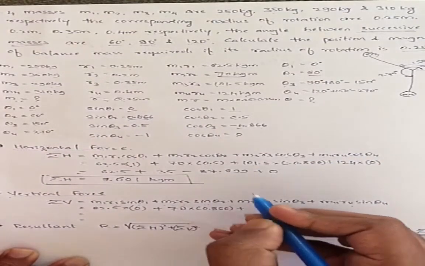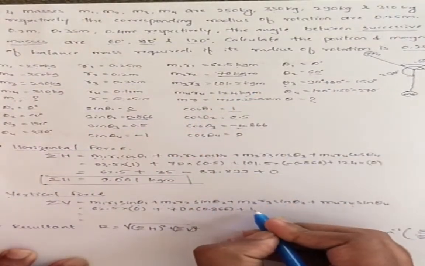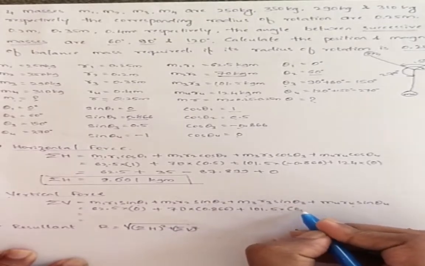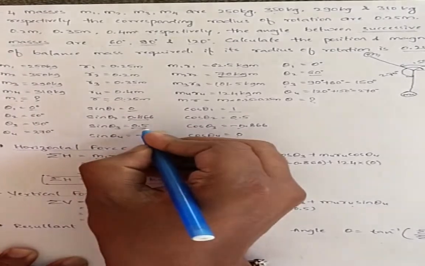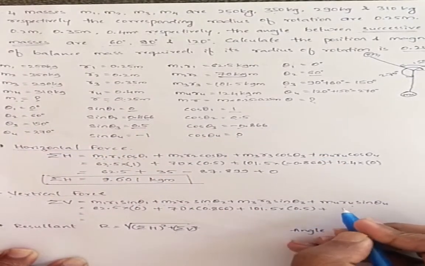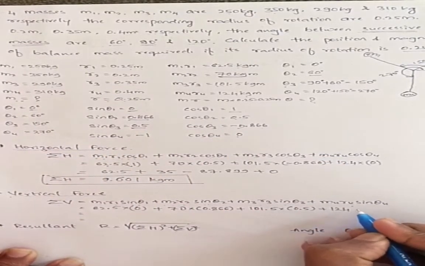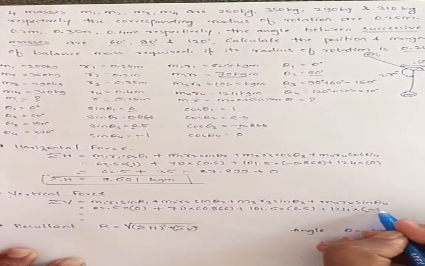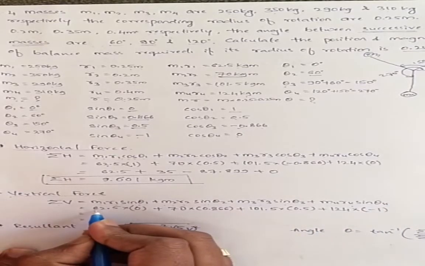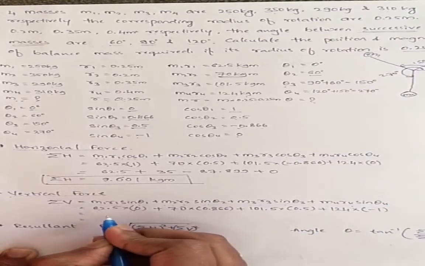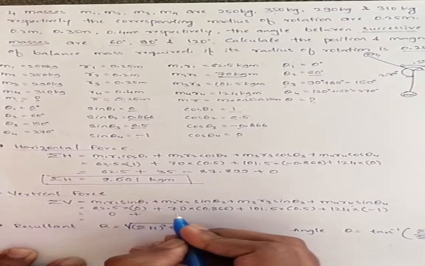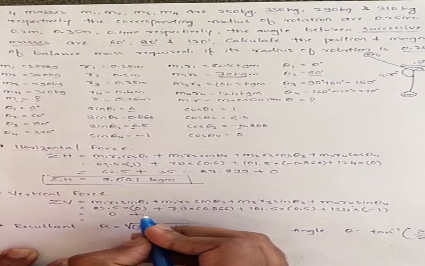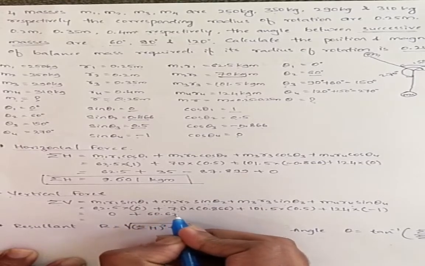Next, M3 R3 is 101.5 into sin theta 3, which is 0.5. Plus M4 R4, which is 124, into sin theta 4, which is -1. Now go on calculating. 62.5 into 0 is 0, plus 70 into 0.866, which gives 60.62.